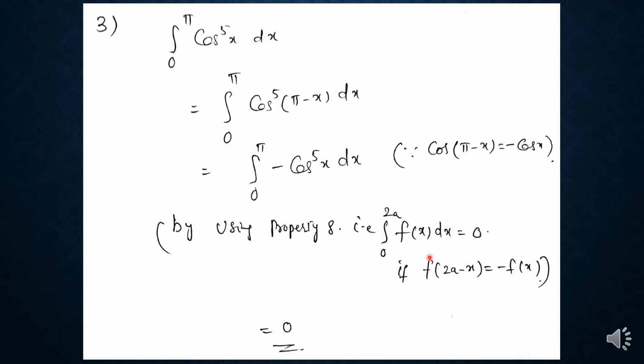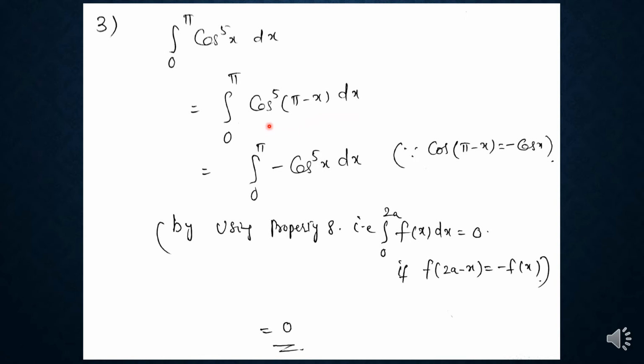If f of 2a minus x is equal to minus f of x, then integral 0 to 2a f of x dx is equal to 0. So here 2a means pi. So integral 0 to pi cos to the power of 5 of pi minus x dx.